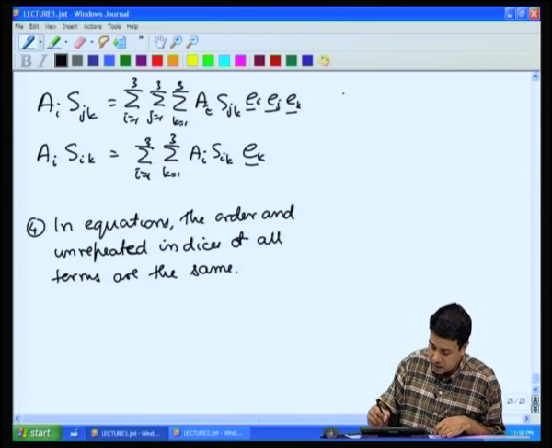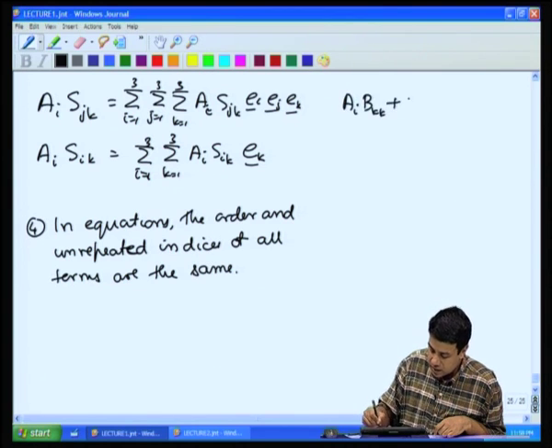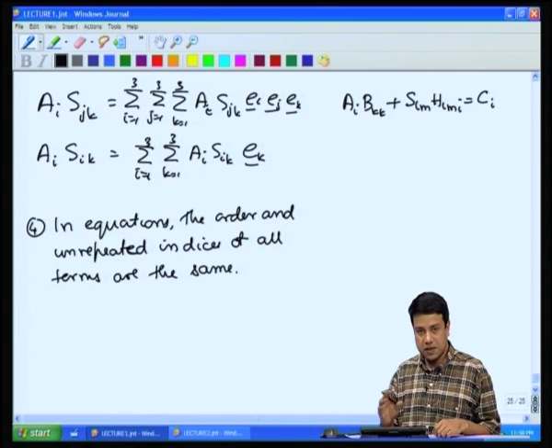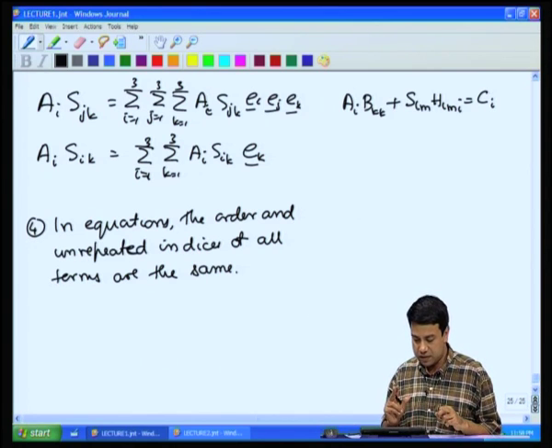So, for example, I can write an equation of the form a_i b_kk plus s_lm h_lmi is equal to c_i. This is a valid equation because each of these terms is a vector.